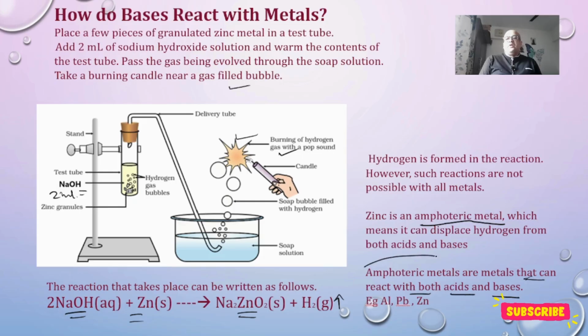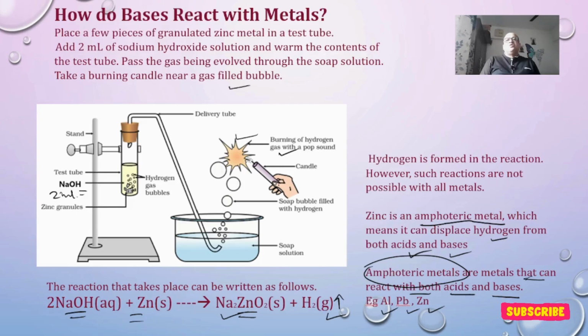Only the amphoteric metals, which show reaction with both acid and bases, will give this type of reaction. So zinc is an amphoteric metal, which means it can displace hydrogen from both acid and bases. That's the reason you are getting sodium zincate in this case. A few examples of amphoteric metals are aluminium, lead and zinc.